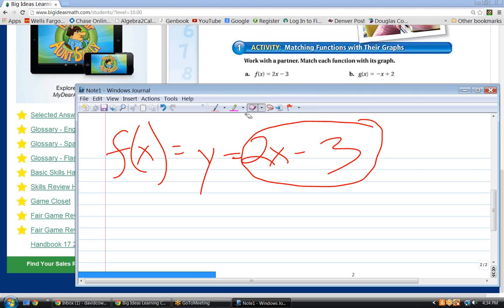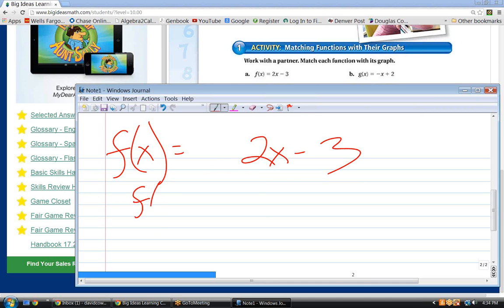And the reason that's better is that now I can ask questions like, well, what is this function when x is equal to 4? And I can say f of 4. That means 2 times 4 minus 3. So that would be 5.